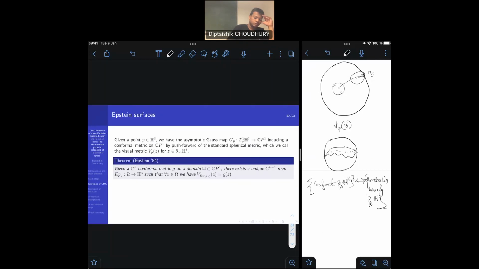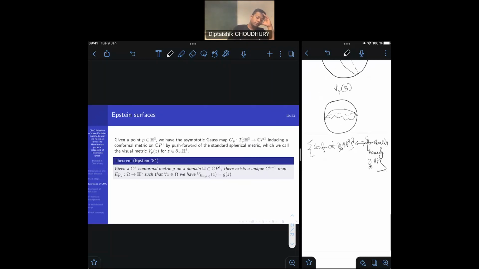This could be shown as you could take this unique geodesic line and then the geodesic plane orthogonal to this geodesic line, and then there would be a unique horoball trapped in between this geodesic plane which is tangent to Z, and the visual metric seen from this point would be in one-to-one correspondence with the horoball that you can uniquely fix in this region.